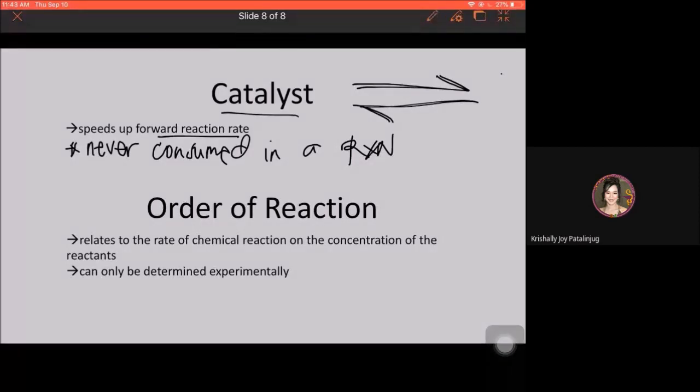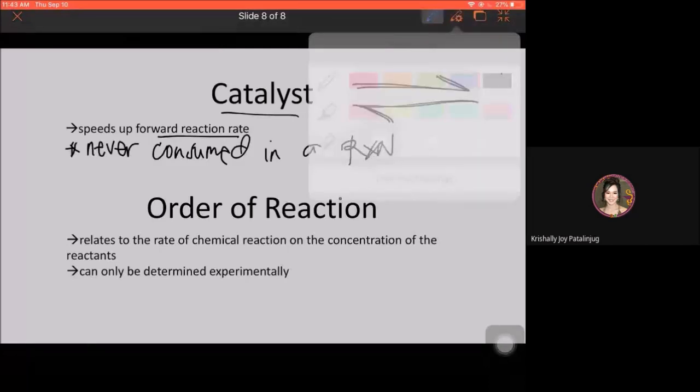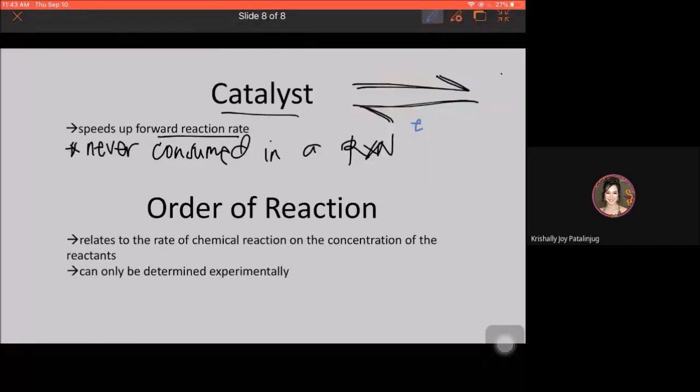Example ng catalyst that speeds up chemical reaction. Example, yung mga metal catalyst like platinum, nickel, palladium. Okay? These are strong metal catalysts. Another catalyst is Lindlar's catalyst. Okay?